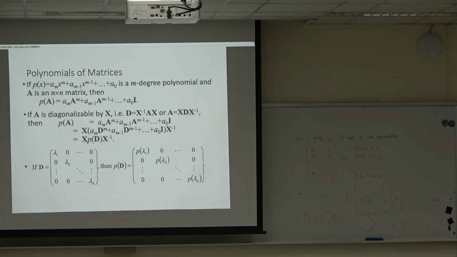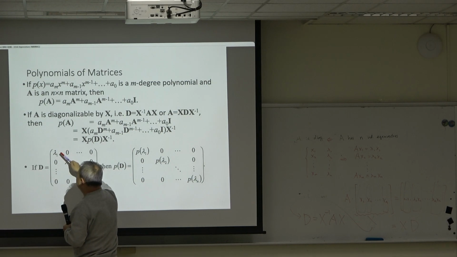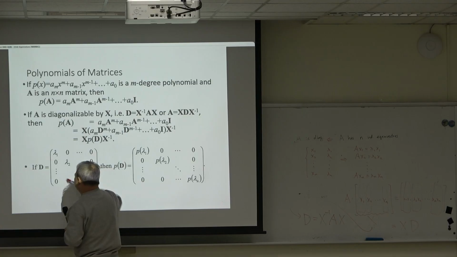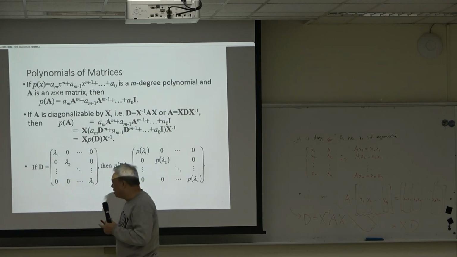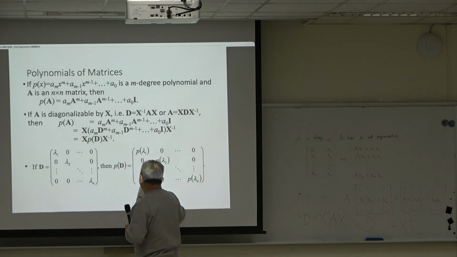So what is D to the power of n? Because D is a diagonal matrix, if you try to compute it, you will find that D to the power of n is going to be lambda 1 to the power of n, lambda 2 to the power of n, up to lambda n to the power of n, and all the others are still 0. So in other words, P of D is going to be like that.